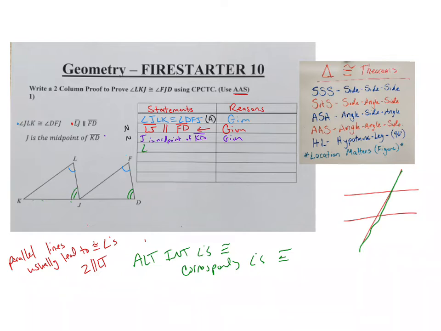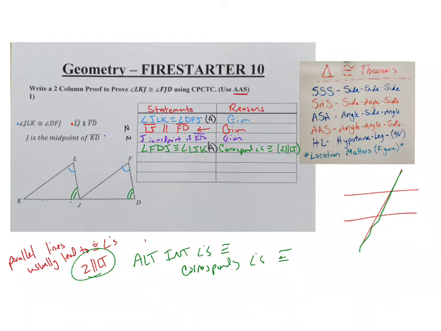So I'm going to say angle FDJ is congruent to angle LJK. And the reason for that is corresponding angles are congruent as long as we have two parallel lines cut by a transversal. So remember, this right here means two parallel lines cut by a transversal. We've used that before. So now I have an angle statement.